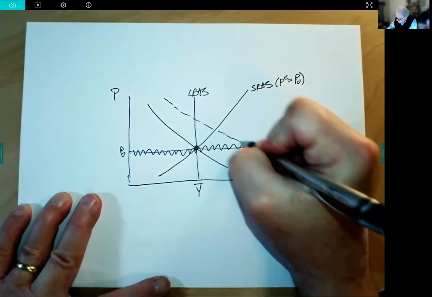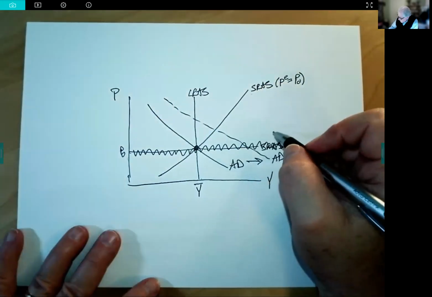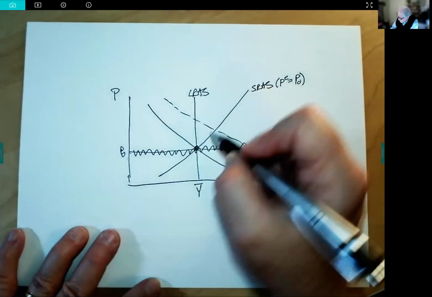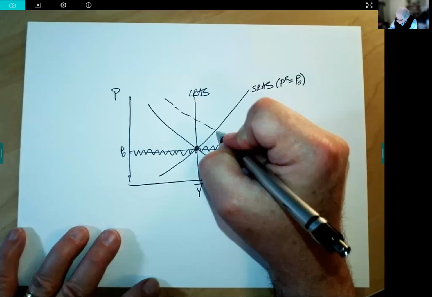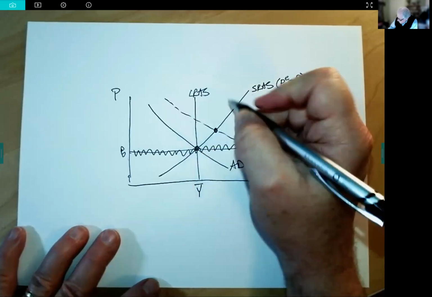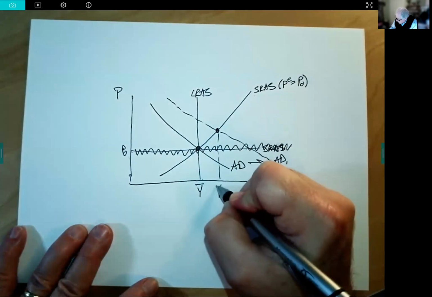If aggregate demand increases, like in the case we just looked at, instead of going straight up the long run aggregate supply curve or straight out the horizontal short run aggregate supply curve, we end up with some increase in GDP.